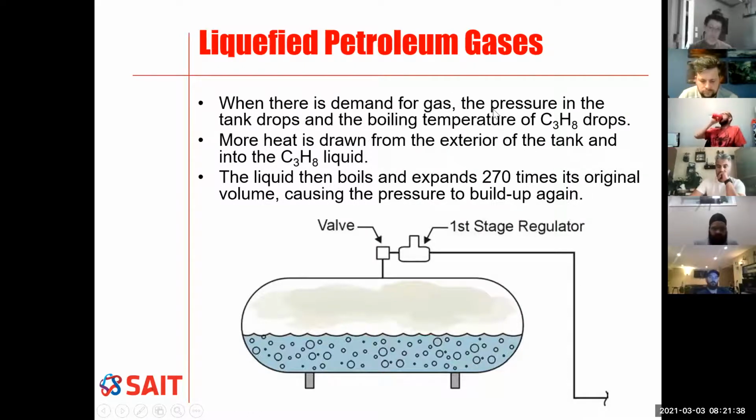When there's demand for gas, the pressure in the tank drops. So downstream of this first stage regulator, we're going to be using some of that fuel for space heating, for cooking, for whatever it is that we're using it for. And inside this tank, the liquid boils and expands 270 times its original volume.